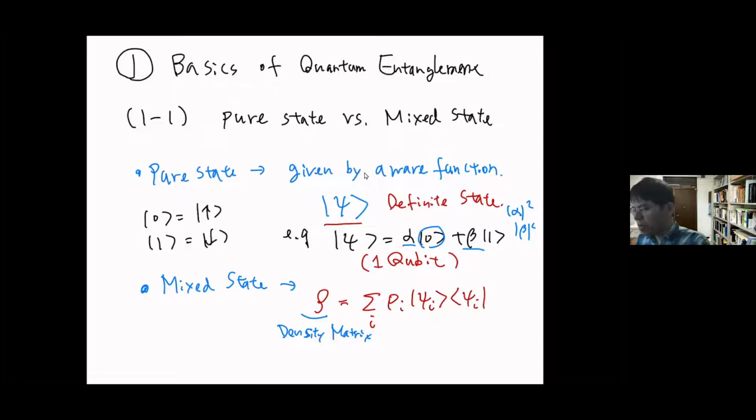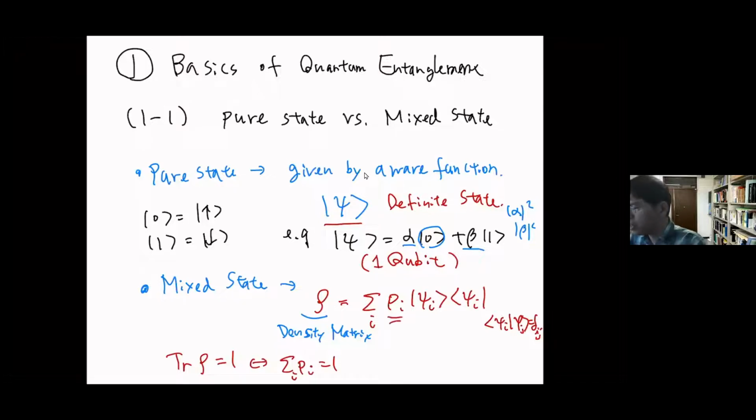The idea of the density matrix is just a probability distribution, so the total probability is just one. Let's assume these are normalized; maybe we can just diagonalize it. Then the sum of p_i is equal to one.